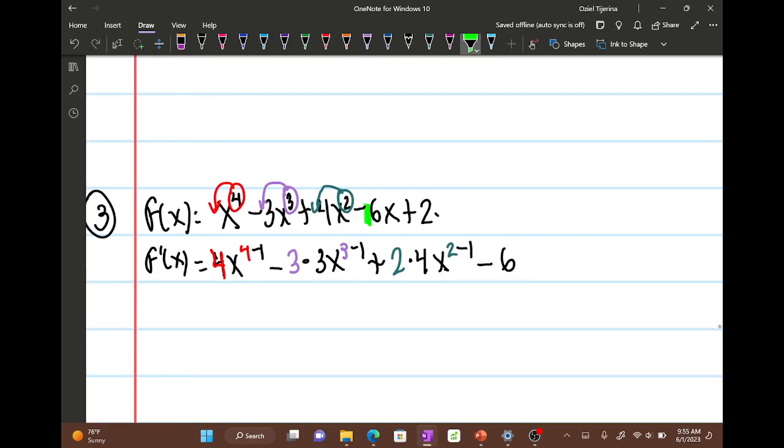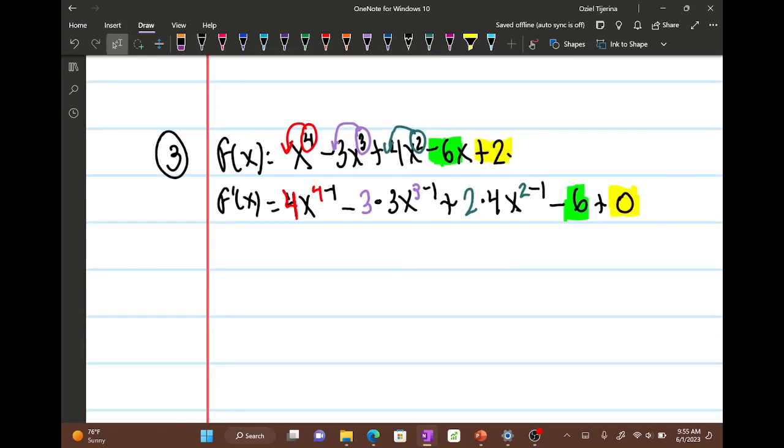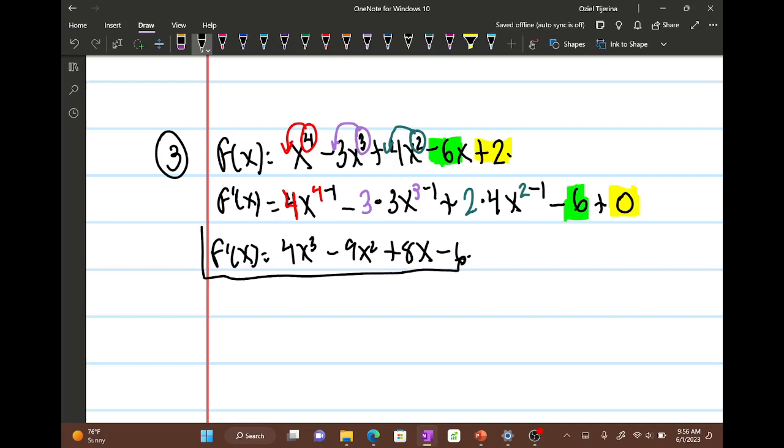And the derivative of 2 is just 0, so we put plus 0, because that's the derivative of a constant. So f prime of x becomes 4x cubed minus 9x squared plus 8x minus 6. This is our derivative for this function, right?